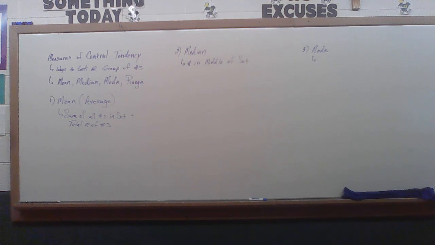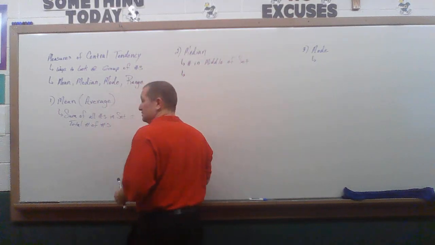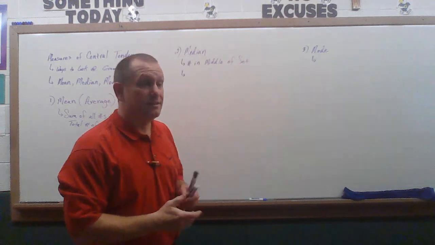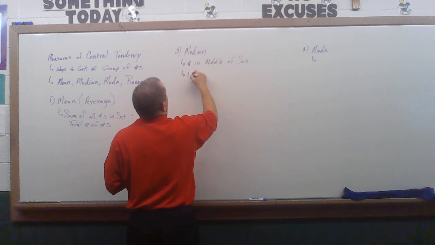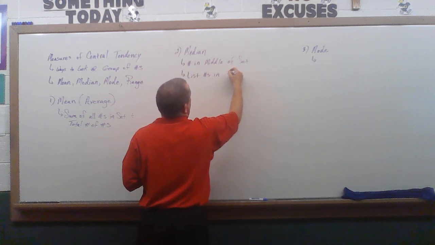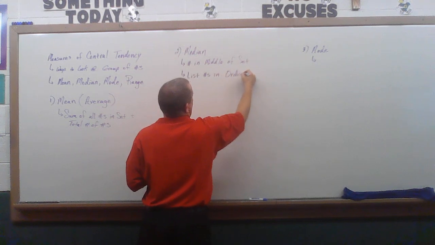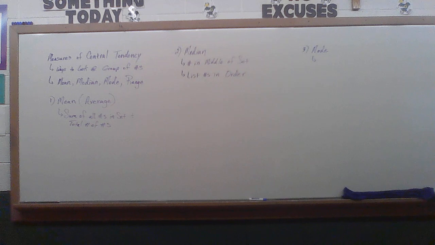You gotta add, no. If it's the middle of the set, I have to make sure what? Exactly right. So you gotta list the numbers in order. Now, does it matter if I go big to small or small to big? No. Okay.